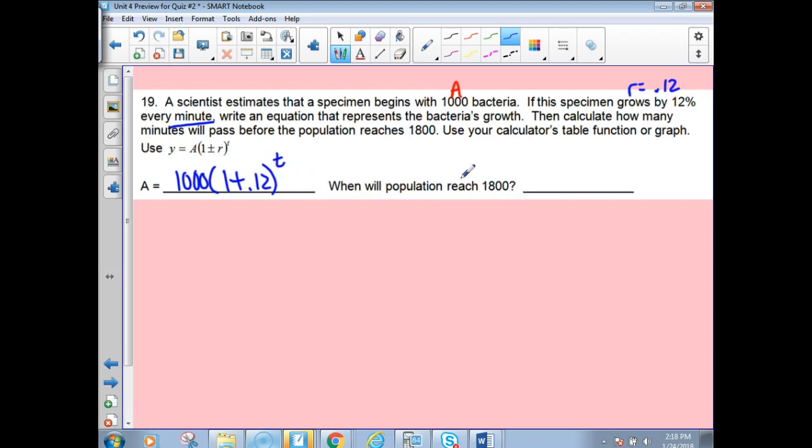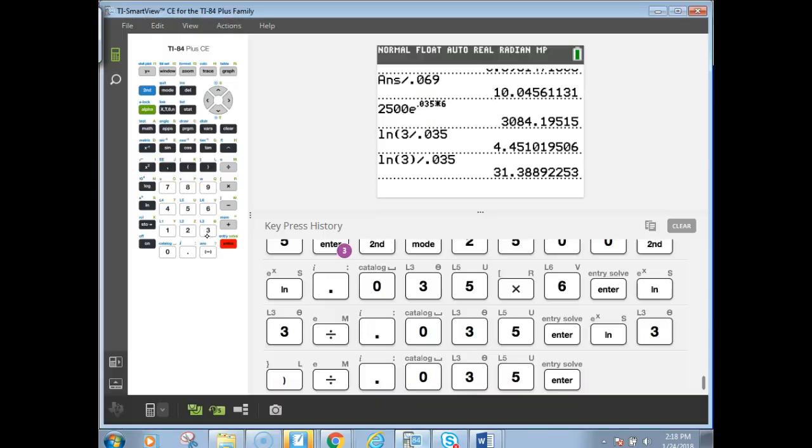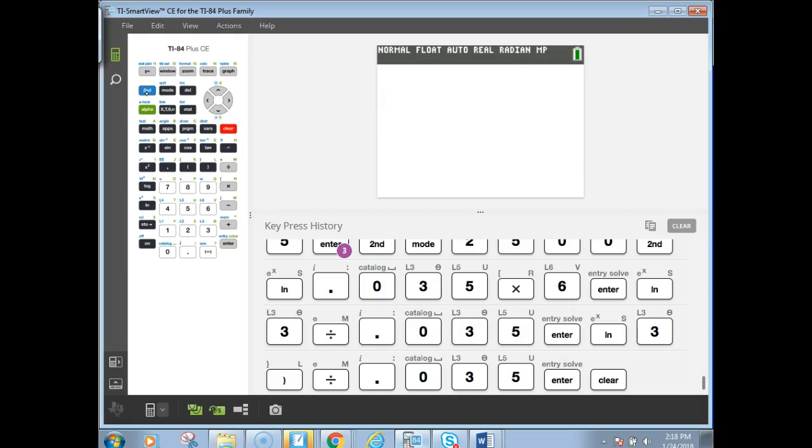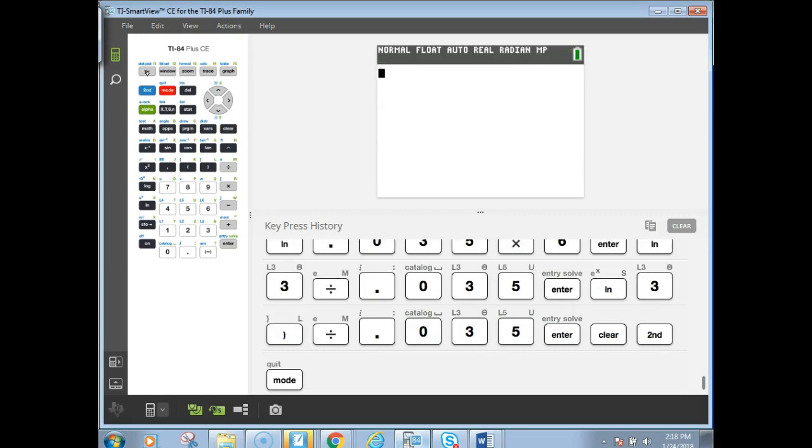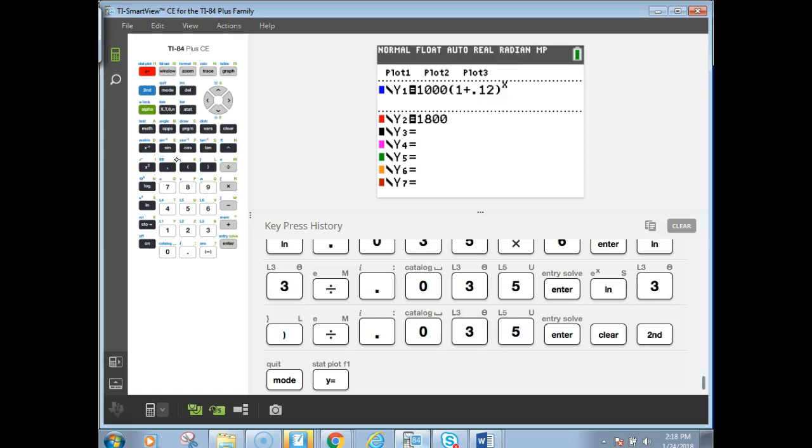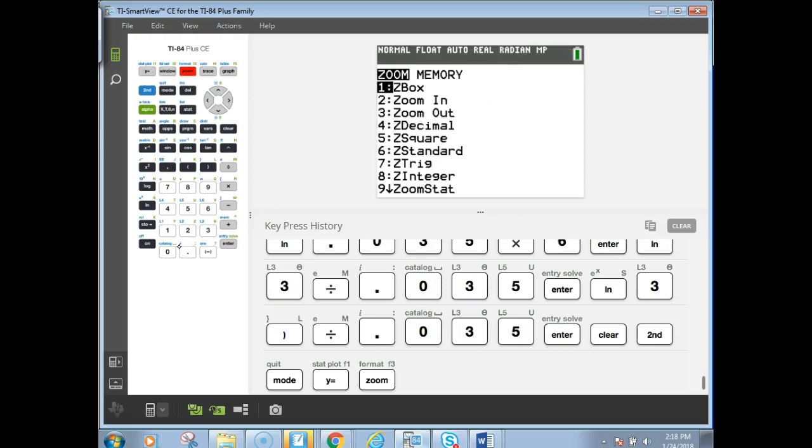Or you can put it in the grapher. So if you want to put this in Y1 and then in Y2, put 1,800, find the intersection. That would be one quick way to do it. All right, so Y equals, I already have it in there. Zoom 0, which is zoom fit.